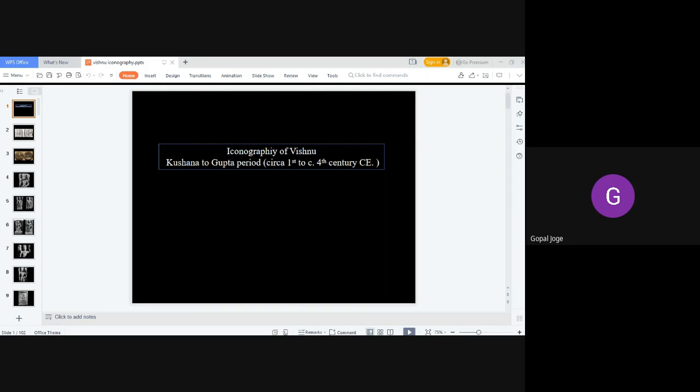It is believed that the 10th mandal was compiled by the sage Narayana. It is argued by scholars it may or may not have any relation to Vishnu, but the conceptual relation is there. Okay? Conceptual relation is there.